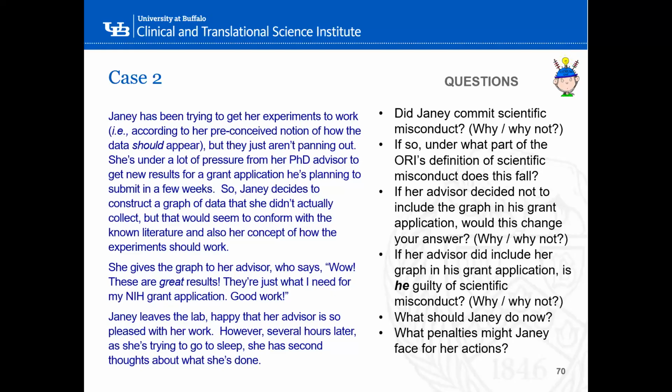Okay. So basically, you got to the crux of this, because everybody, I think, recognized that Janie engaged in research misconduct. What I was trying to make you uncomfortable with is whether or not her advisor was guilty of research misconduct. And at least 2 to 3 other people brought up a very valid point that it is incumbent on the advisors, the PIs of the laboratory, the people who are supervisors of graduate and postgraduate training, to trust but verify, okay?